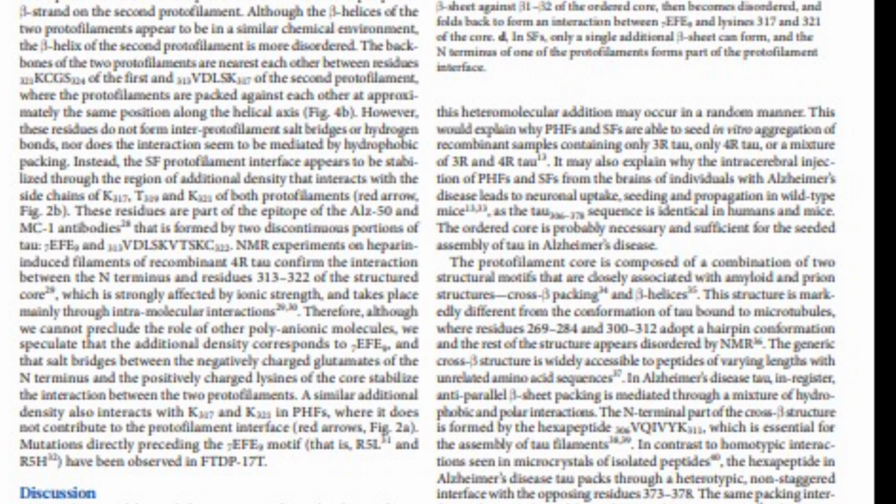Therefore, although we cannot preclude the role of other polyanionic molecules, we speculate that the additional density corresponds to 7-EFE-9, and that salt bridges between the negatively charged glutamates of the amino terminus and the positively charged lysines of the core stabilize the interaction between the two protofilaments.